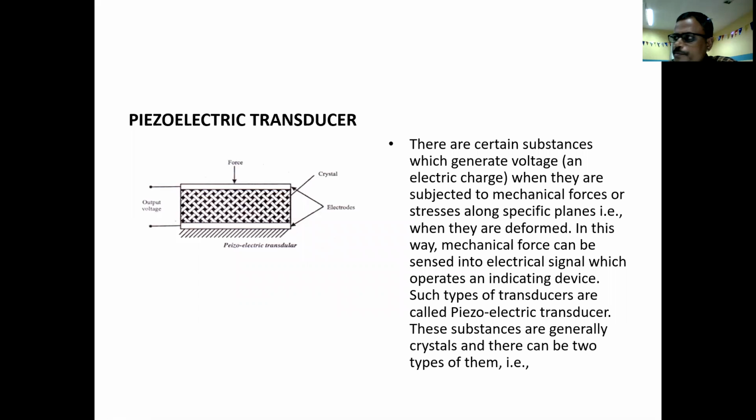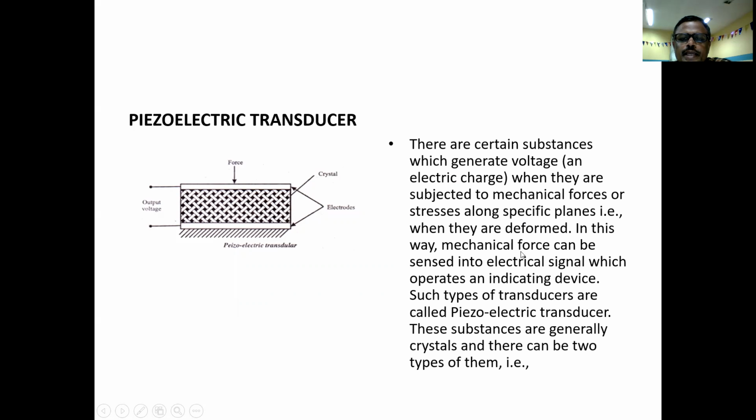Then what is a piezoelectric transducer? We have seen that already. These piezoelectric transducers are certain substances which generate voltage, which is nothing but electric charge, when they are subjected to mechanical forces or stresses along specific planes, that is, when they are deformed.